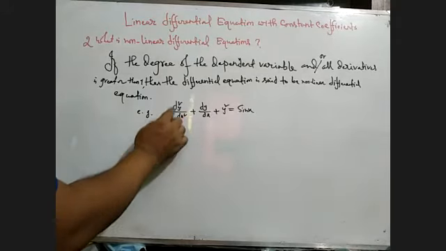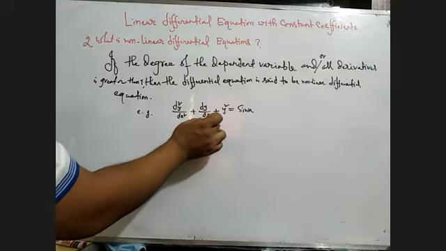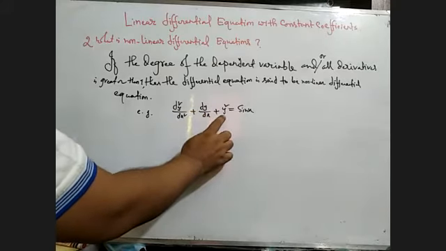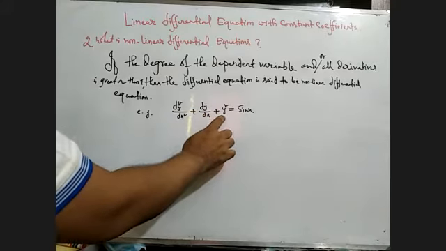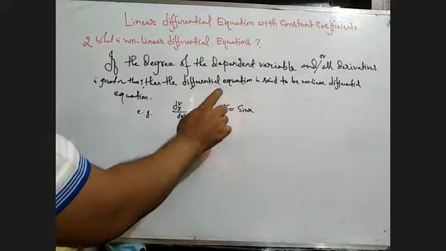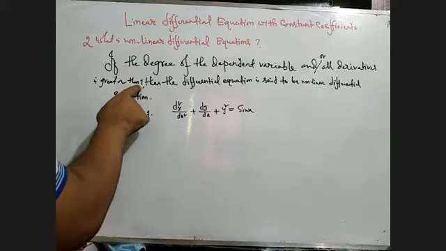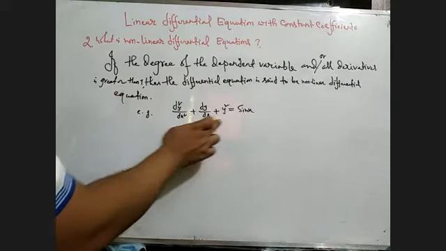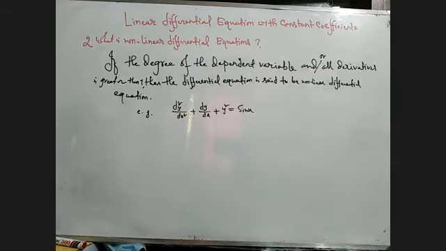The second derivative of y has degree 1, and this also has degree 1, but the highest power of the dependent variable y is 2, which is greater than 1. This is why this differential equation is treated as nonlinear. This is an example of that.